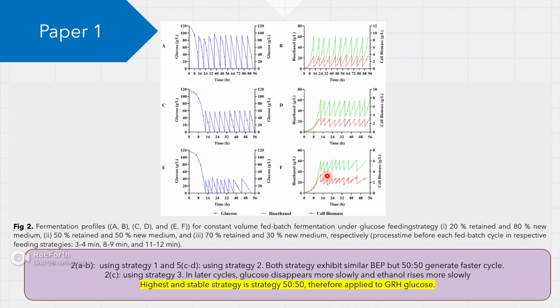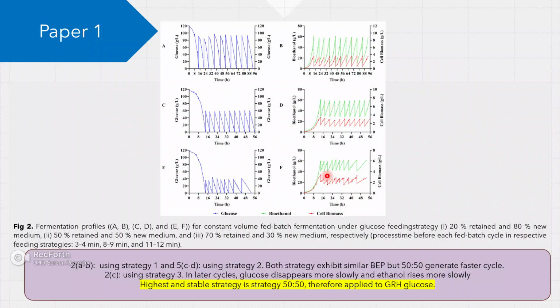The second figure shows the fermentation profile for each strategy, in which figures 2A and 2B use strategy 1 and 2C and 2D use strategy 2.